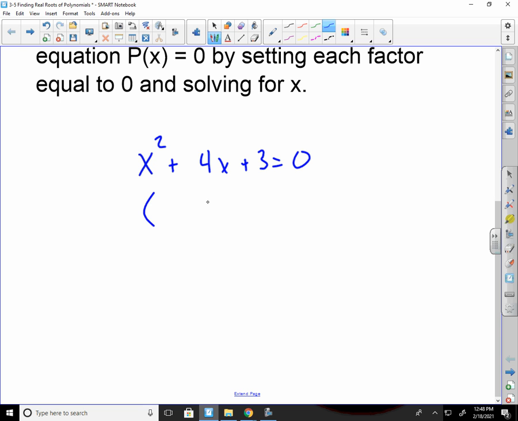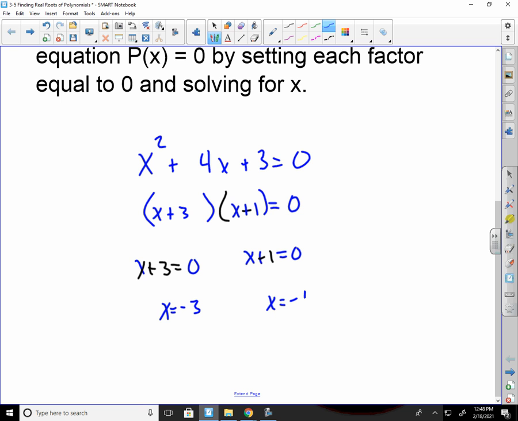And then we would factor this out to x plus 3 and x plus 1, and then break those up and do x plus 3 equals 0, x plus 1 equals 0, and then just solve. So x equals negative 3 and x equals negative 1. So we did it whenever we had a quadratic equation.